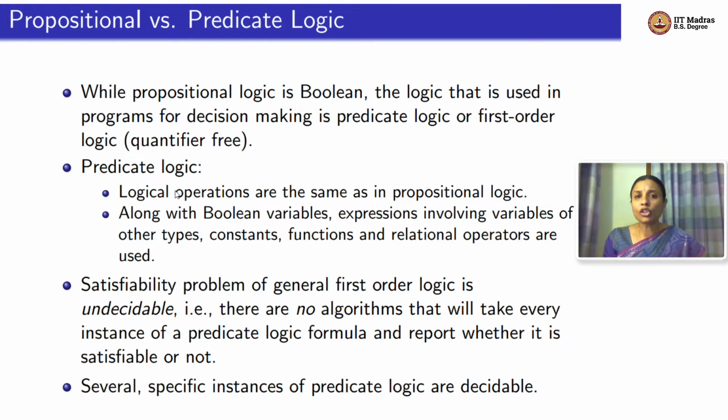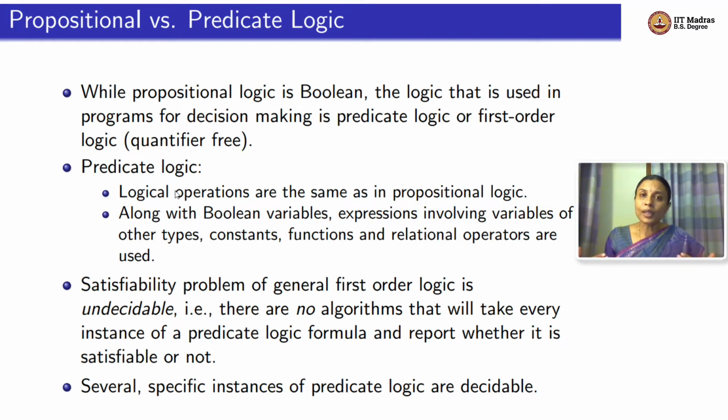The kind of predicate logic that we deal with is like first order logic, and it is known that the problem of checking satisfiability, that is, given a formula which typically occurs as a predicate in a decision statement, can I check if there is an assignment of values to the variables that will make the formula true? That is the problem of checking satisfiability.